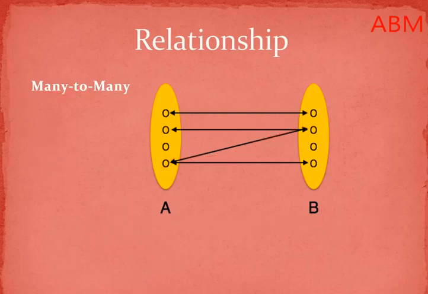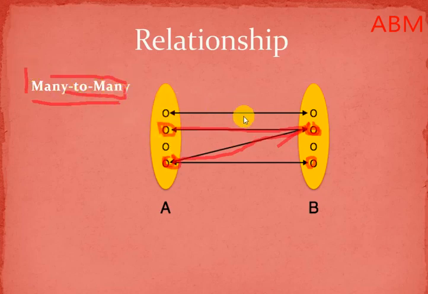In many-to-many relationships, you can see that two or many instances are going to make a relationship with one instance, or from B the two instances are going to have a relationship with one or with many. So we can say this is a many-to-many relationship.